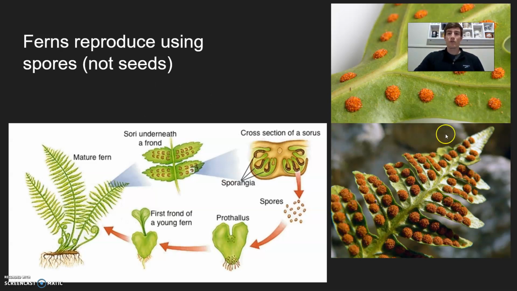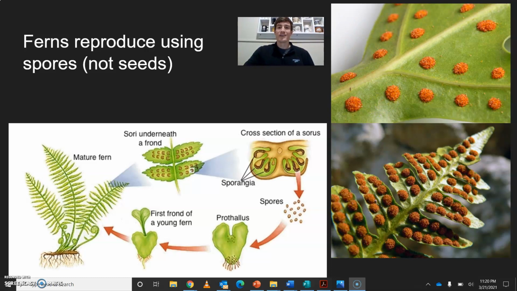This is just a quick showing of how these actually produce spores. On the underside of a fern, if you ever get a chance to visit some of Missouri's state parks, there are a lot of really great examples of the wide variety of fern species that Missouri has.